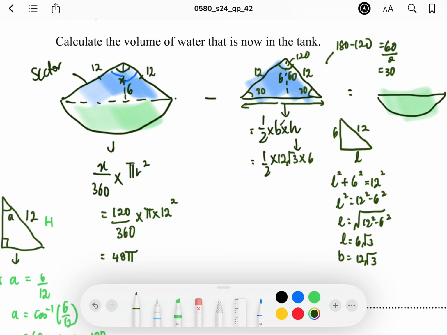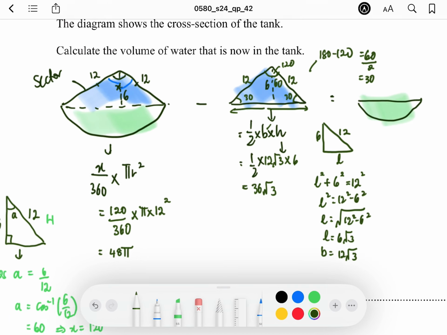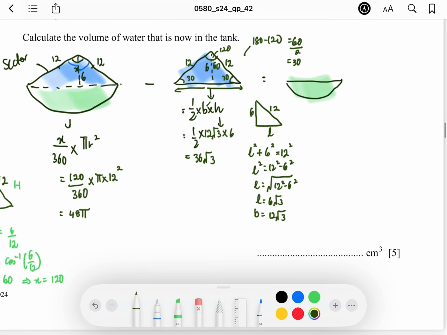Okay, divided by 2 equals to 36 root 3. Okay. Alright. So that's the value. So artinya for this one, what do we do? So to find the volume of the water, what do we do?